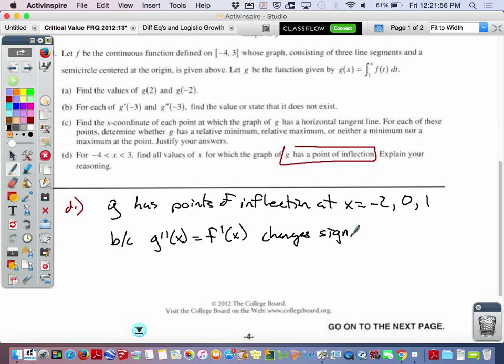And that's the big piece there, is that it changes sign at each of those values. So you get a point for identifying these and a point for the explanation. And that is the end of this problem.